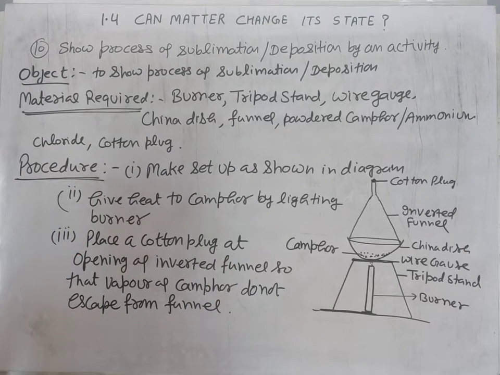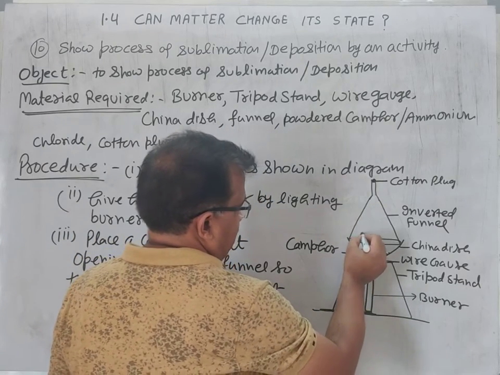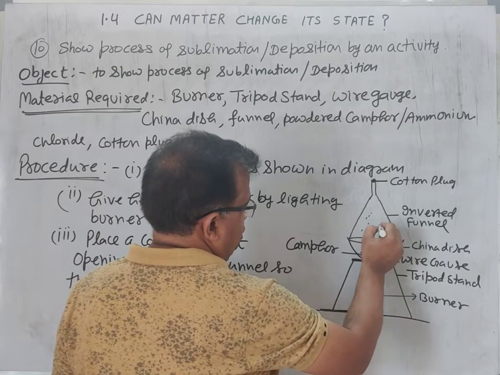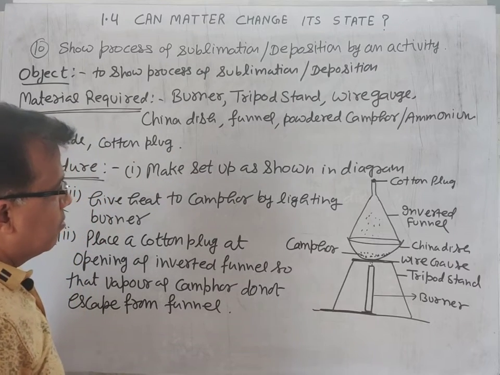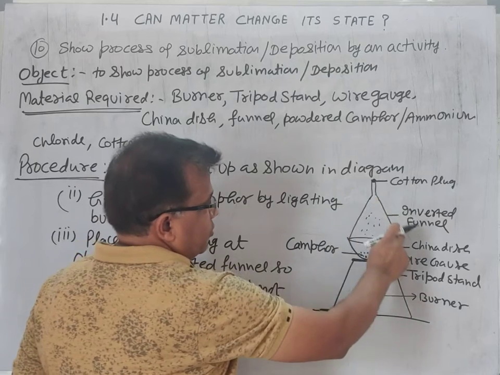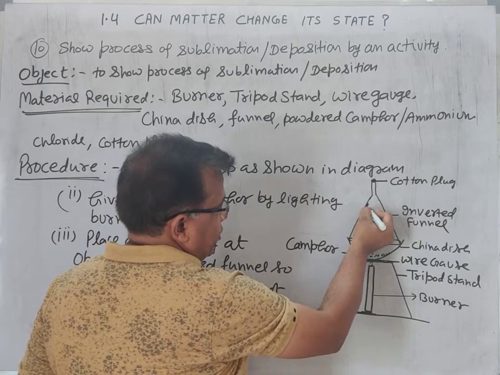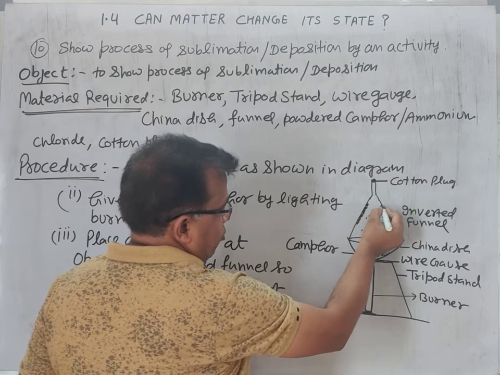So this is the procedure. What will be observed? We will observe that here vapors of camphor or ammonium chloride can be seen. When these vapors strike the walls of the inverted funnel, they get deposited at the walls.